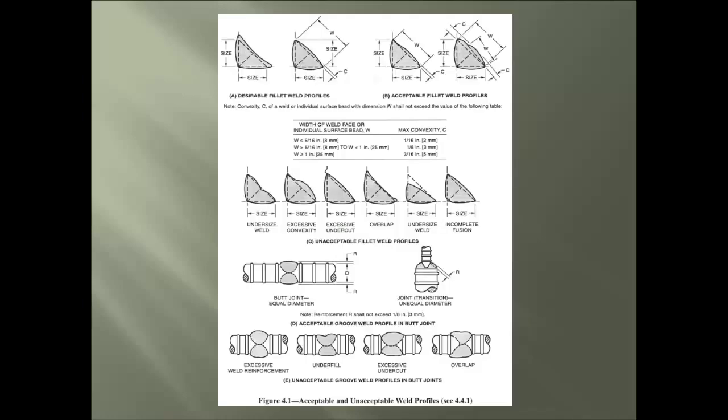As we look at the figure, there are 6 different parts that provide tremendous amounts of information, and they are the desirable fillet weld profile, the acceptable fillet weld profile, the tolerances for the fillet weld convexity, the unacceptable fillet weld profile, the acceptable groove weld profile, and the unacceptable groove weld profile.